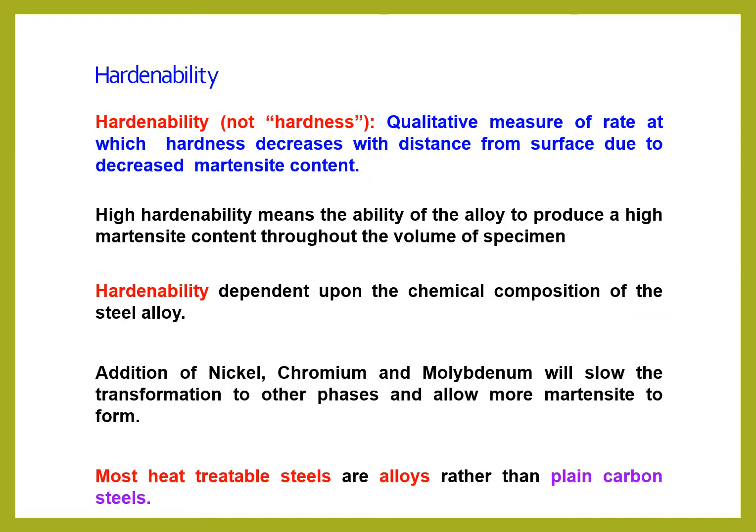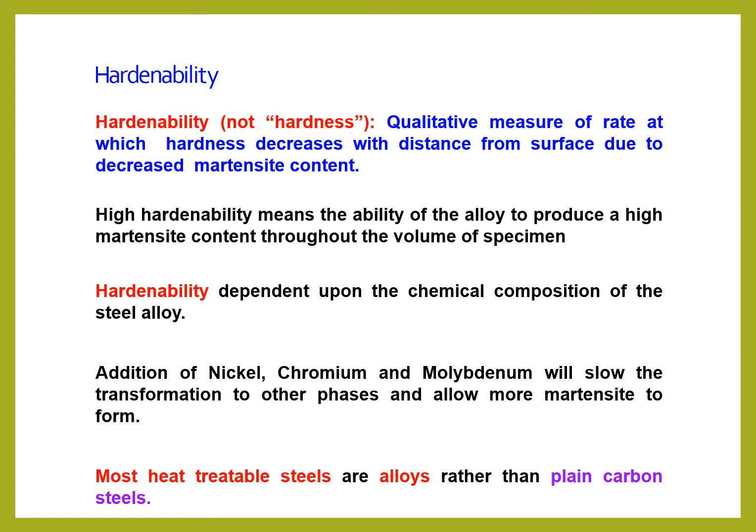Now we will see hardenability. How to find the hardenability? First we need to know what hardenability means. Hardenability is a quantitative measure of the hardness value, which decreases from the surface due to the martensite content.